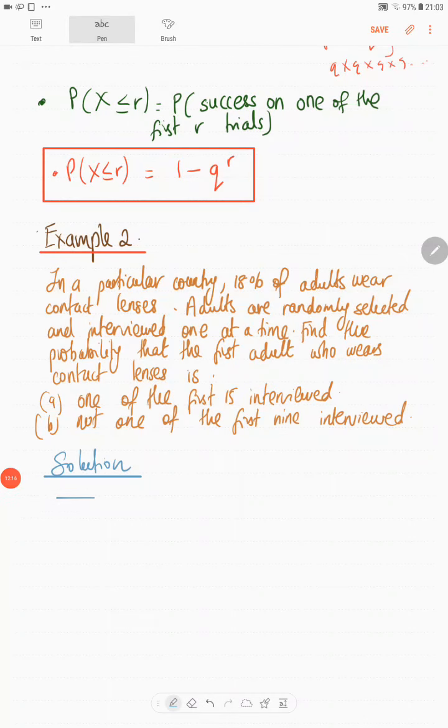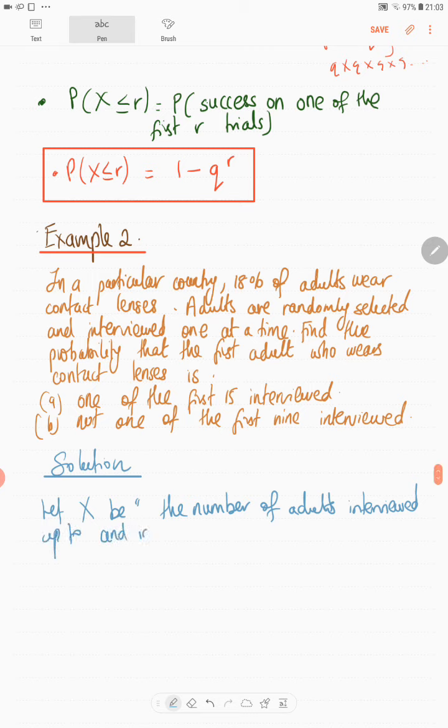So here we define X as the number of adults interviewed up to and including the first one who wears contact lenses. Here we are interested to know who is the first one to wear contact lenses.